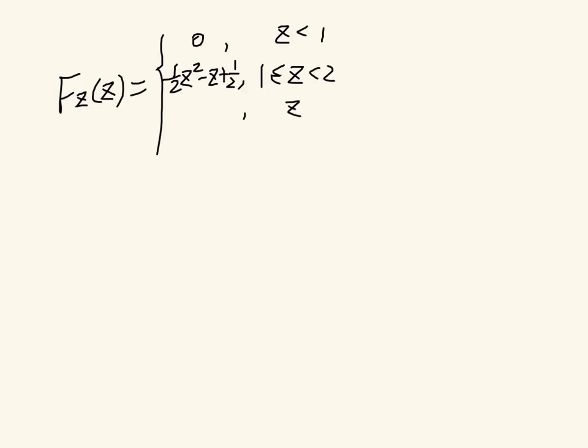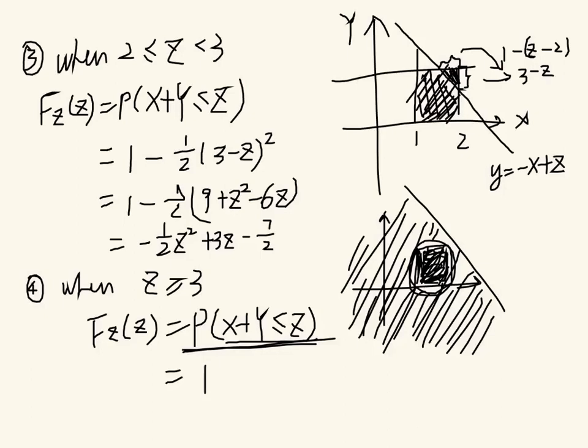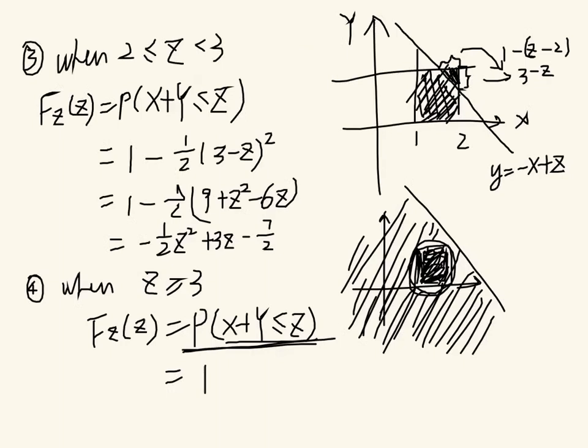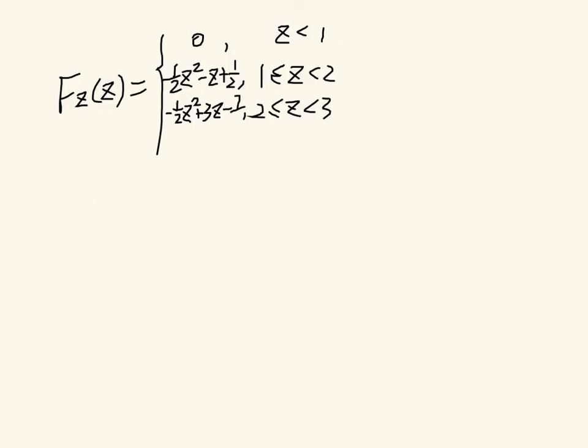When z is between 2 and 3, it's equal to minus 1 over 2 z squared plus 3z minus 7 over 2. And else, z larger than or equal to 3, it is 1.